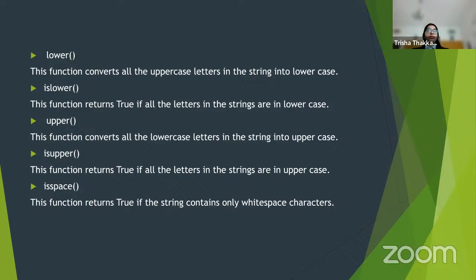The isupper function. This function returns true if all the letters are in uppercase, and if they are not, it returns false. And the last function for strings is the isspace function. This returns true if the string contains only white space characters, which includes the spacebar, the tab key, etc.